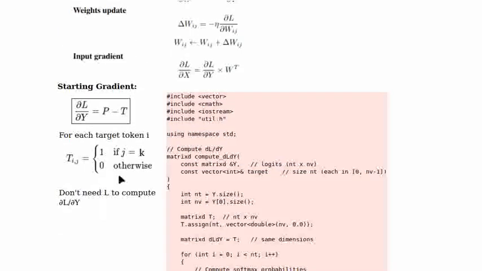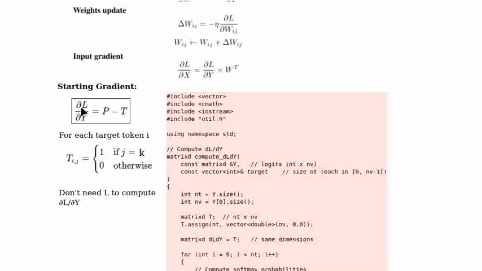Otherwise it's 0. Okay? Now in this formula, we actually don't need L to compute dL dY. So just like the speed, calculating the speed, we may not need the distance to calculate the speed.